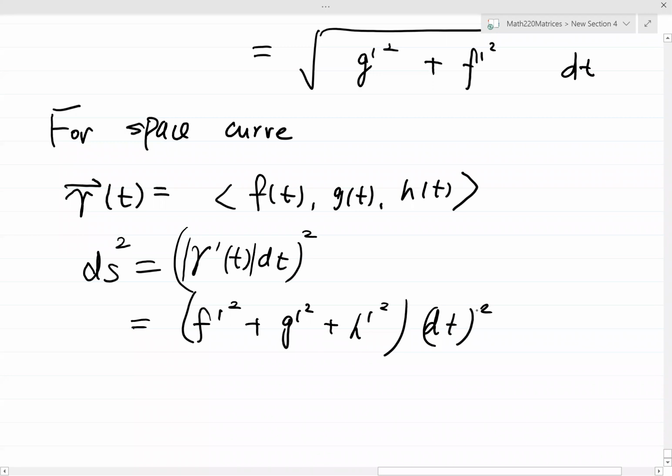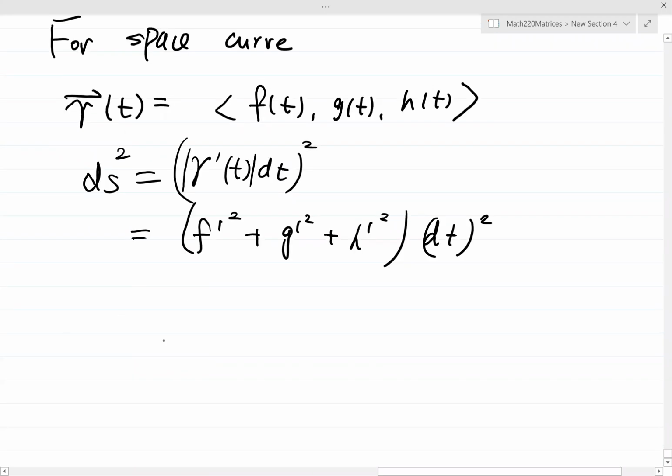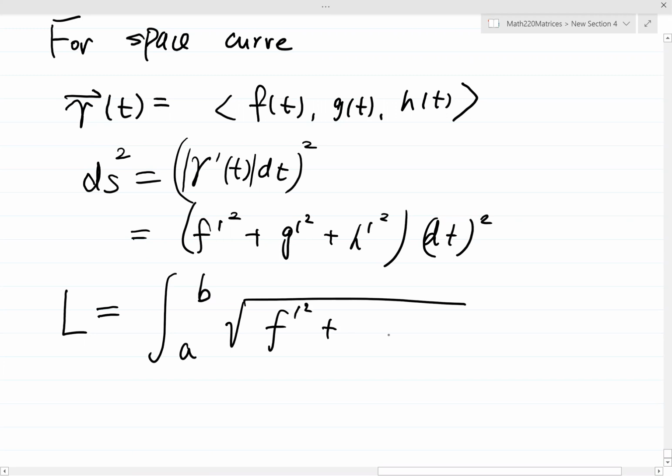So the arc length of a space curve is obtained by integrating the arc length differential: the square root of f derivative squared plus g derivative squared plus h derivative squared, integrated with respect to t.